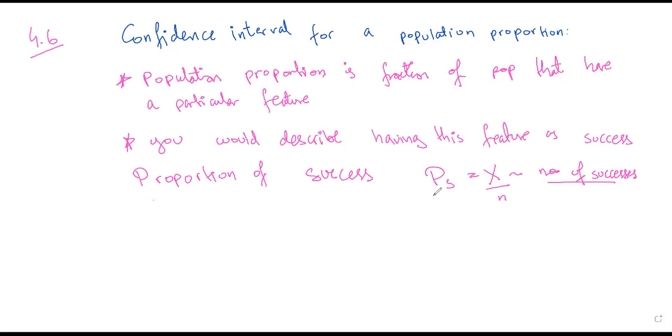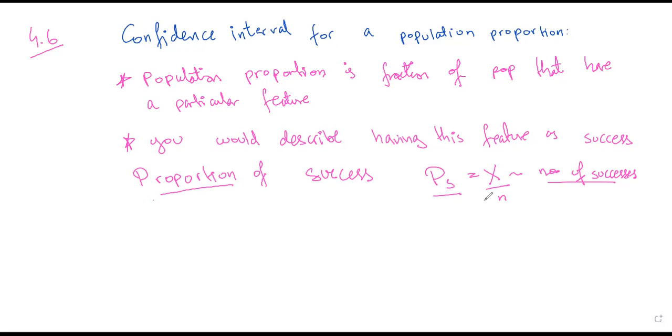So this is new for you. PS is new for you. Don't worry. PS is basically the proportion of success. What is proportion? Proportion is a fraction. So just think of it as probability. Whenever you have probability, in the numerator you have the number of desired outcomes, and in the denominator you have the total outcomes.